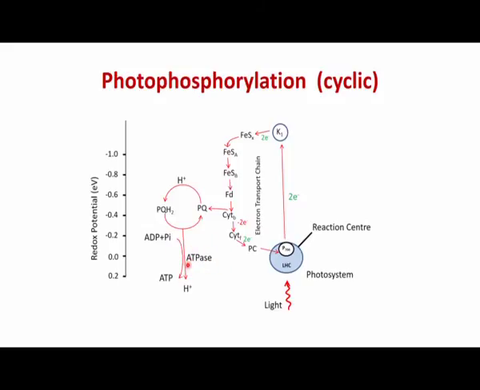synthase. On the other hand, the activated complex also takes up the electron and gives it to the plastocyanin, and that plastocyanin again gives this electron back to the reaction center P700.